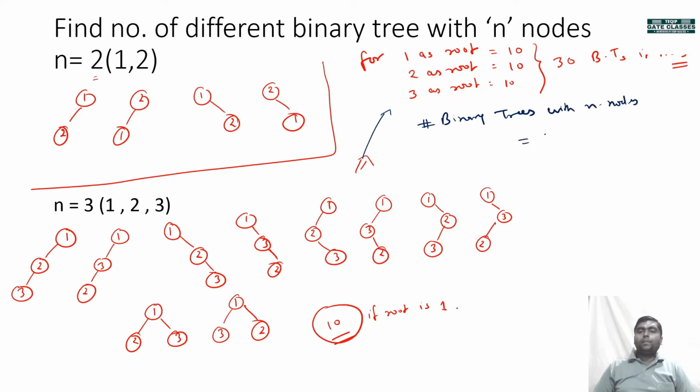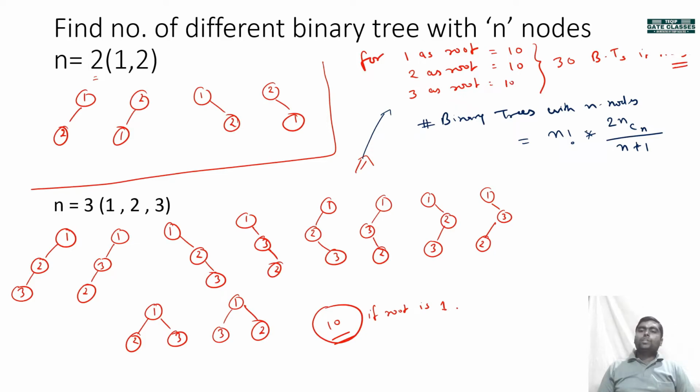Number of binary trees with n nodes is going to be n factorial multiplied by 2n Cn divided by n plus 1. It is the same case. So 2n Cn divided by n plus 1 is also same as we saw previously, the number of binary search trees possible with n nodes.